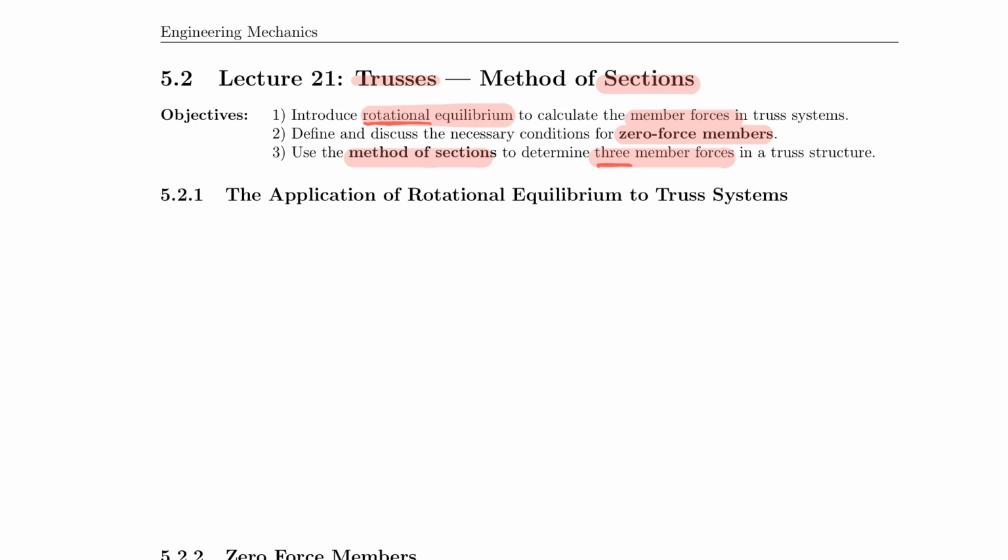Let's get started and talk about the rotational equilibrium, as this is necessary to properly use the method of sections. To do so, I will first draw a random truss structure for you, similar to the one that we talked about when we covered the method of joints.